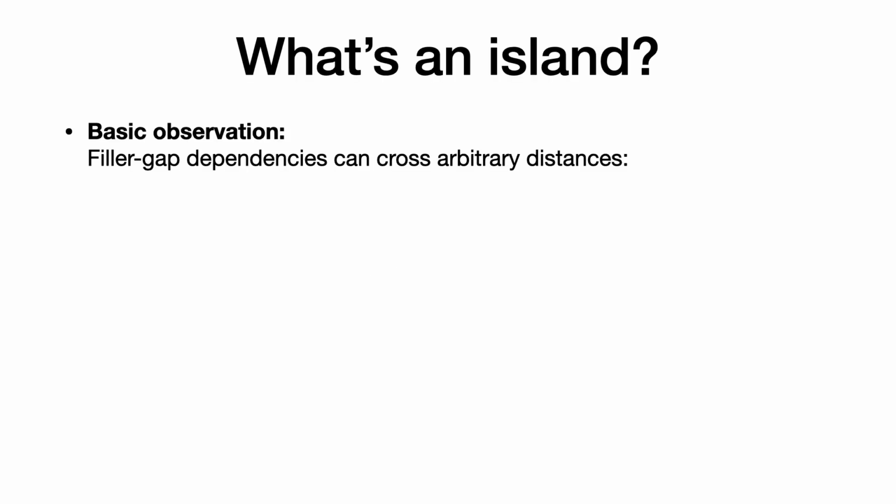Okay, so let's start with some really basic observations. Before we even start talking about islands, let's remind ourselves about filler-gap dependencies. As we talked about last week, filler-gap dependencies are how psycholinguists refer to what Chomskyan generative syntacticians call movement, right? But put theoretically neutrally, let's say you hear a sentence like, "Which mouse did Ollie attack?"